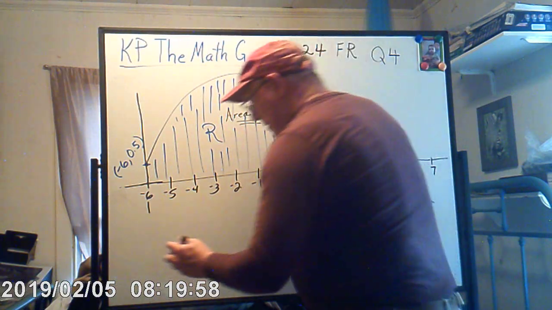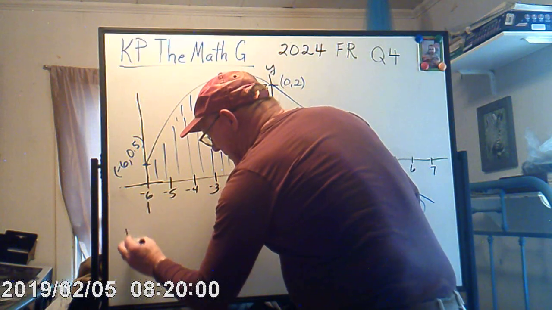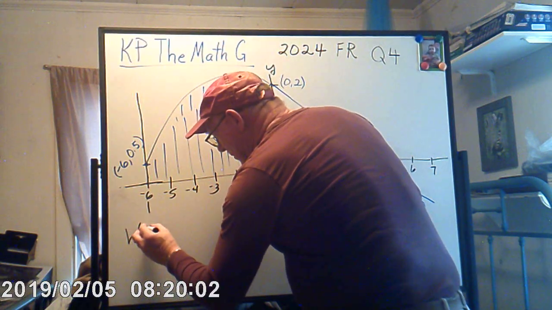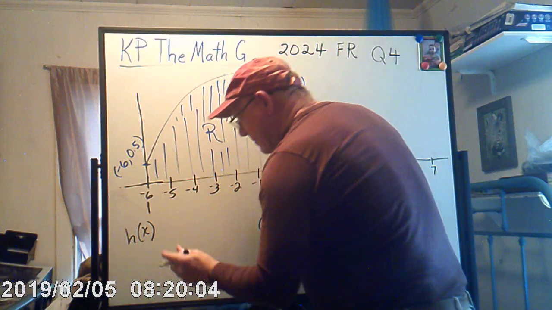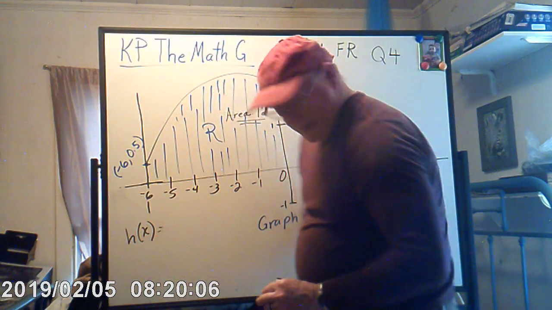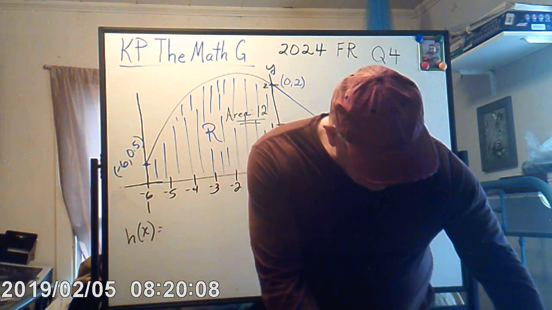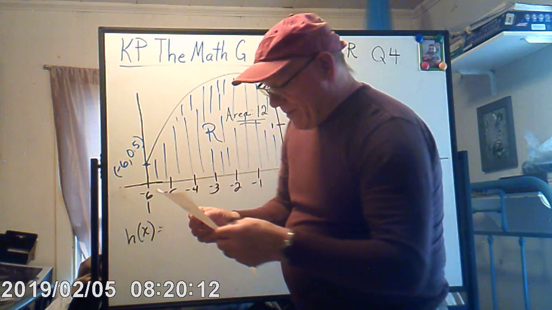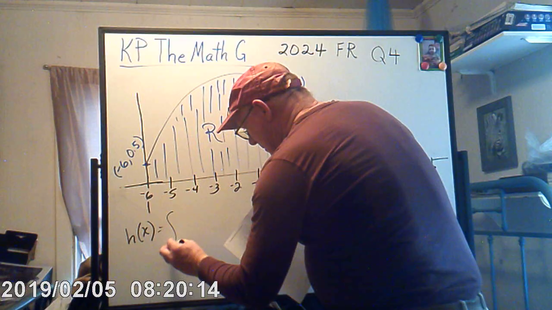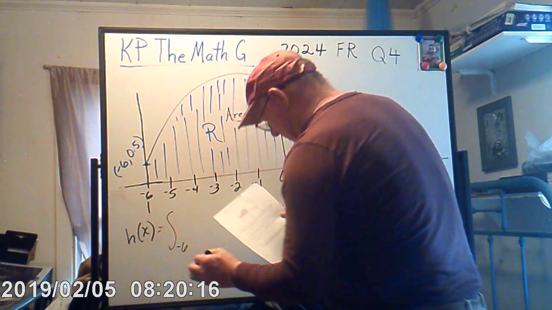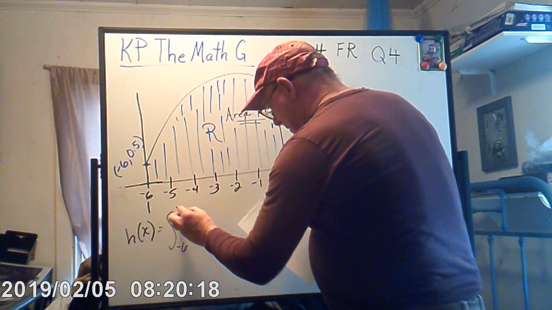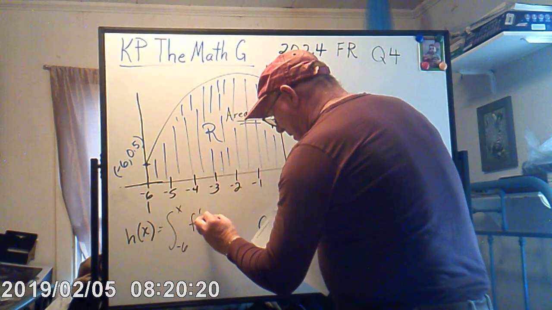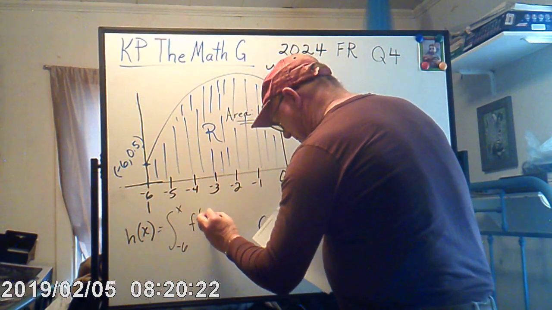Now we have h at x. Now remember this h at x. Yeah, let me look at that again. Yeah, h at x is given by, alright, we are going from -6 to x. This time we've got an f prime at t dt.